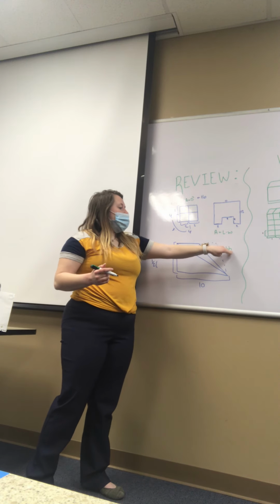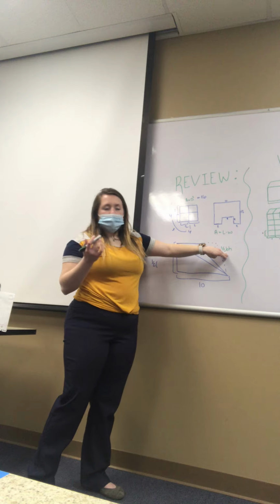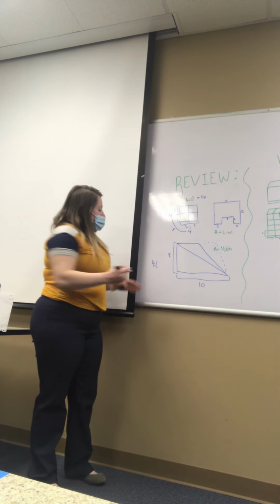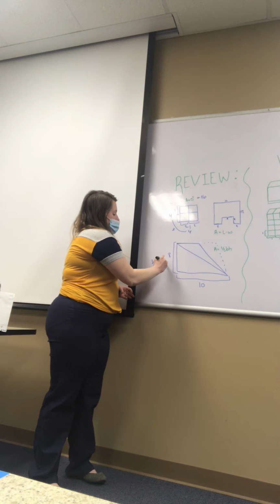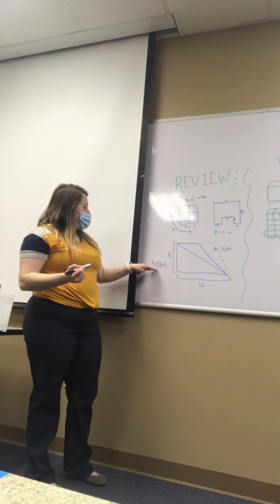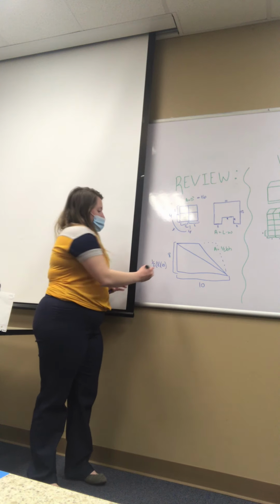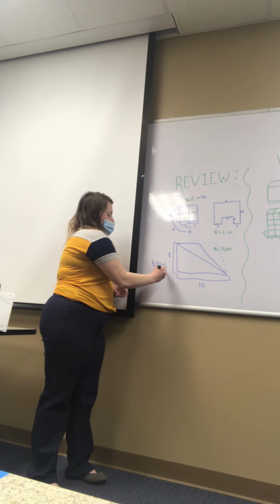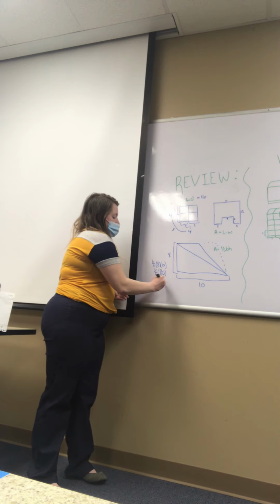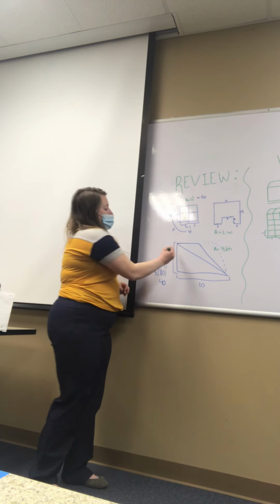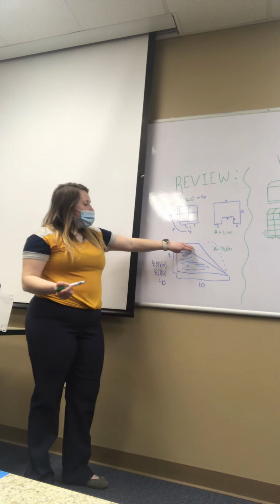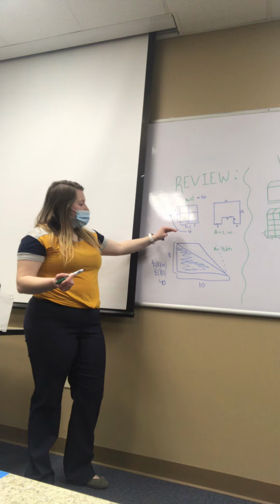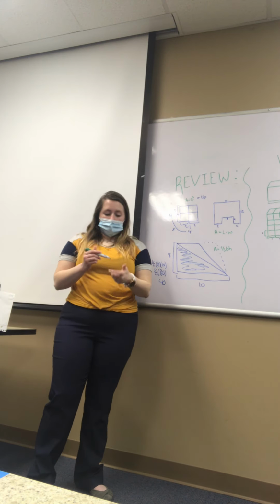Can we do base times height, then times half? Right. So we're going to put in the 8 here, then the 10. All right, let's do 8 times 10 first. 80. Multiply that by half. We have 40. So the area of this triangle is 40. And I didn't put in any numbers for this triangle because we're just reviewing.